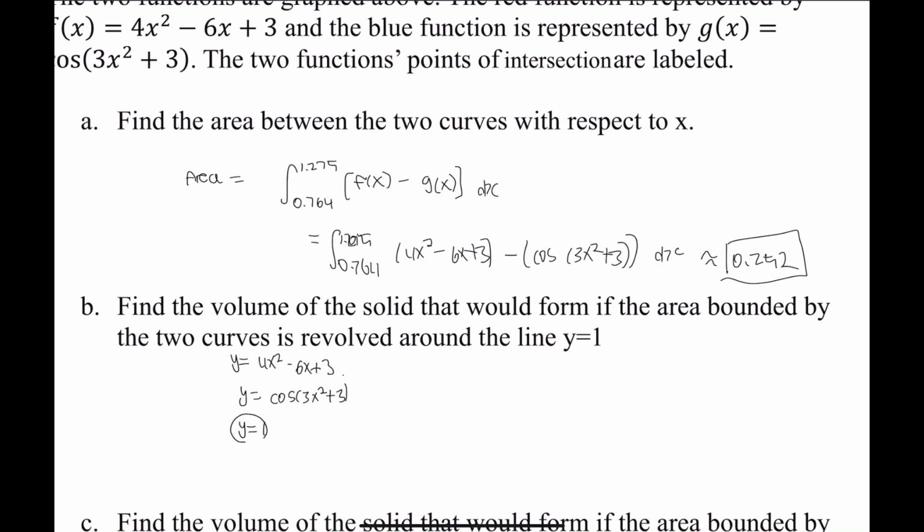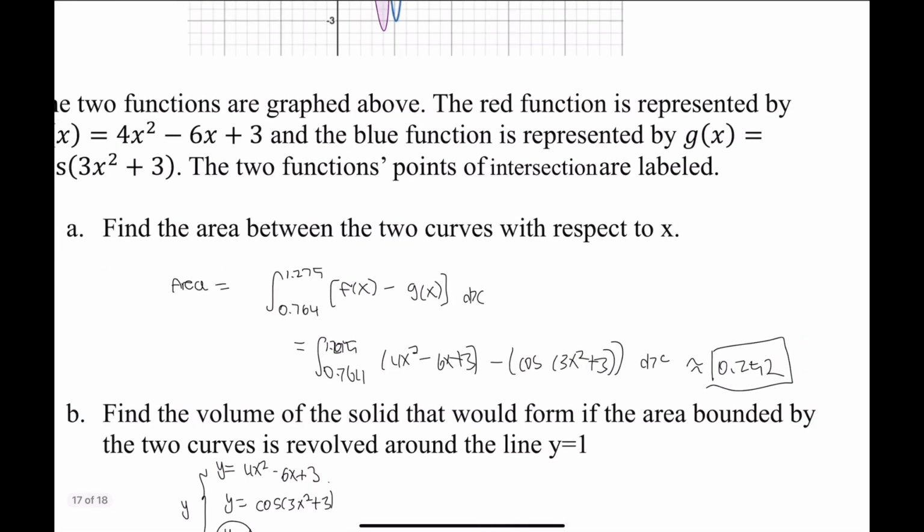We can see that everything is in terms of y. And because all the functions are written in the same terms as the line that's being revolved around, that means we don't have to use cylindrical shells, and we can put everything with respect to x in our equation. So that's what we're going to do.